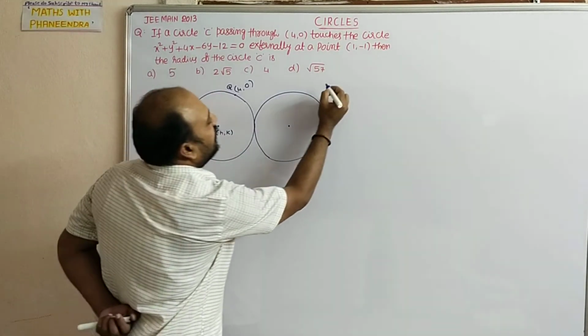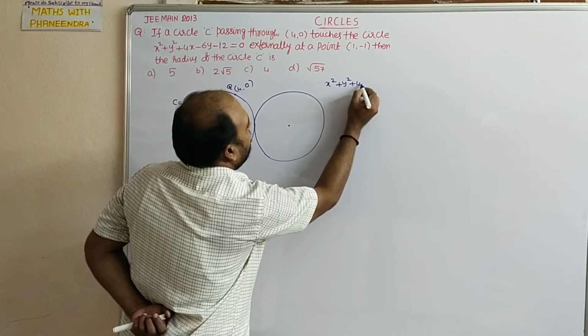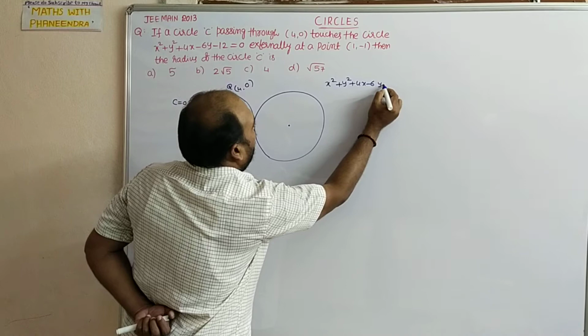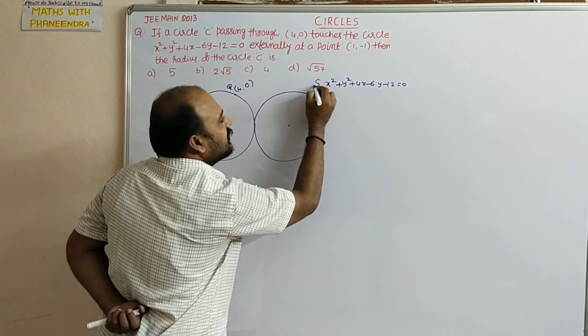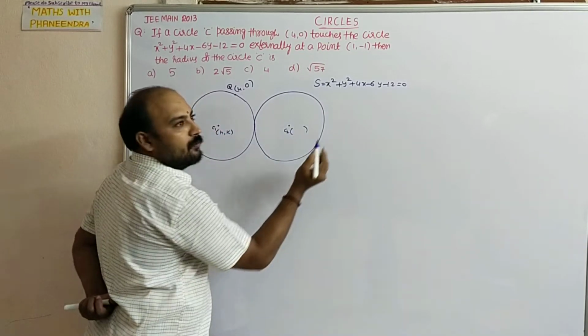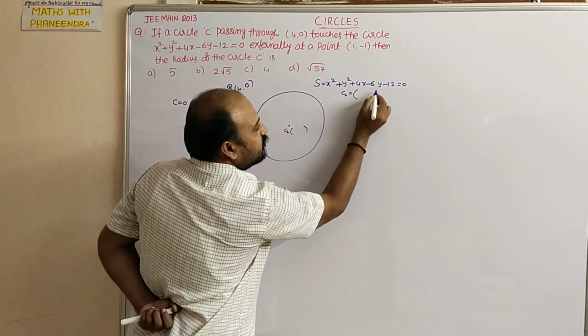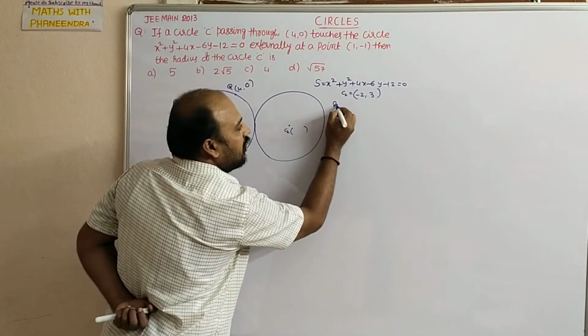What is the second circle here? x square plus y square plus 4x minus 6y minus 12 equal to 0. I am assuming its center is C2, which is minus x coefficient by 2, minus y coefficient by 2, so minus 2 comma 3, and radius R2.